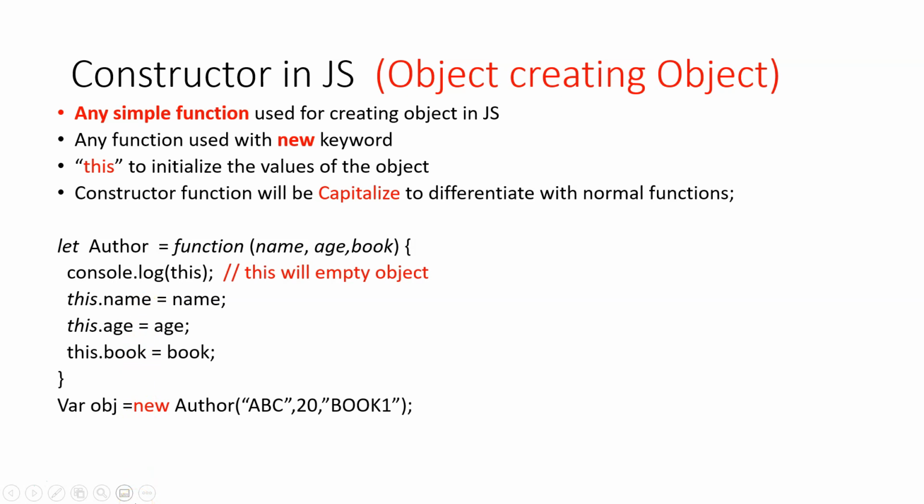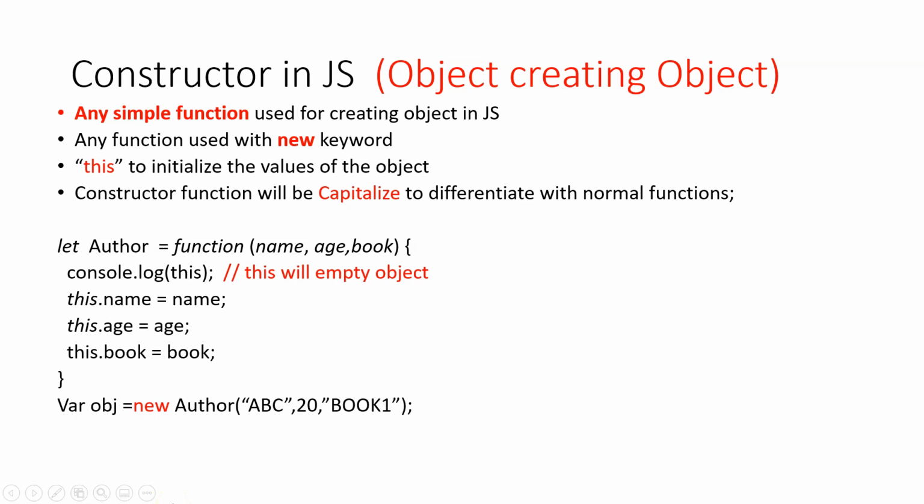The other thing you need to understand is that we capitalize the function which we intend to use as a constructor function for creating objects, so that you are able to differentiate. This will not throw an error, but it is followed as a common practice.